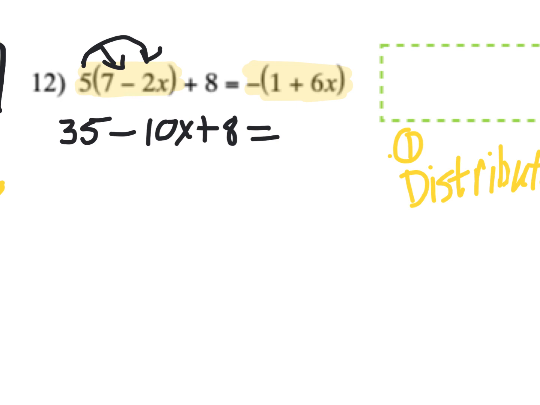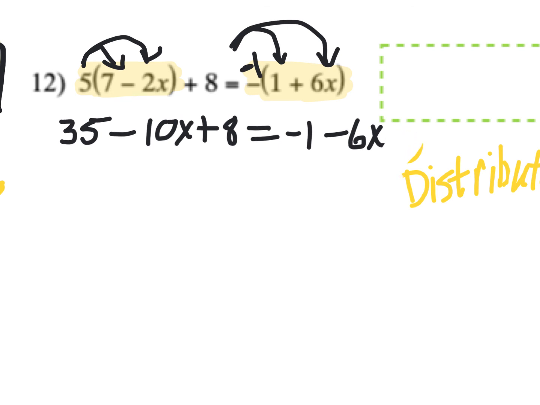Now the right-hand side is a little tricky with that distributive. Remember, there's technically a 1 there, and there's actually a minus 1 there. So negative 1 times 1 is negative 1. Negative 1 times 6x is minus 6x. So I did step 1, which is to distribute.